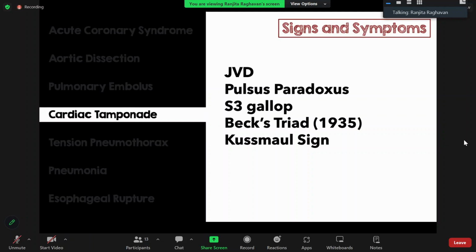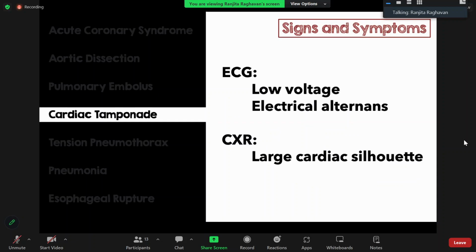And then people talk about Beck's triad and having some Kussmaul sign. These are all things they talk about, but it's hard to find all of these things on a patient. The classic EKG finding here is electrical alternans on the EKG.